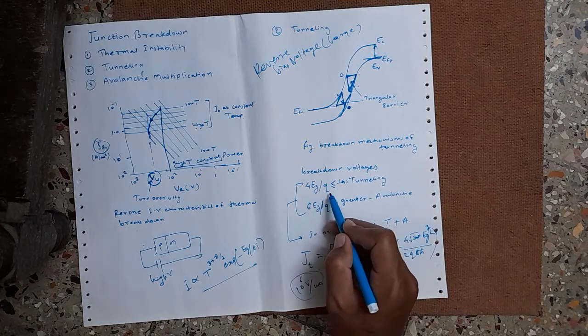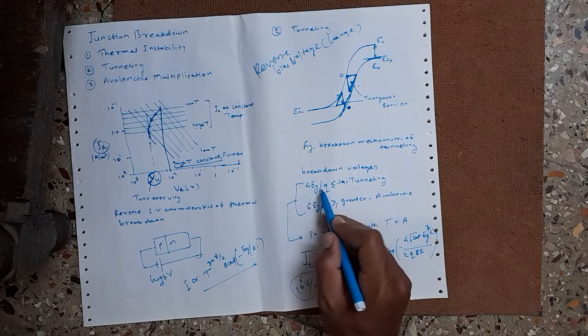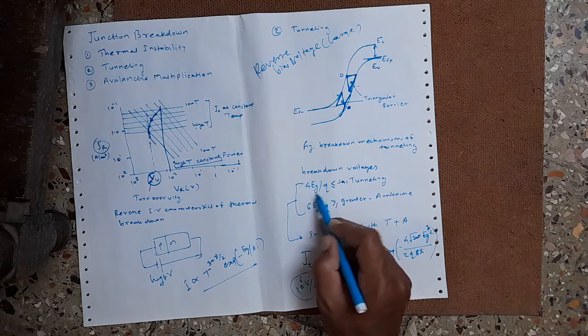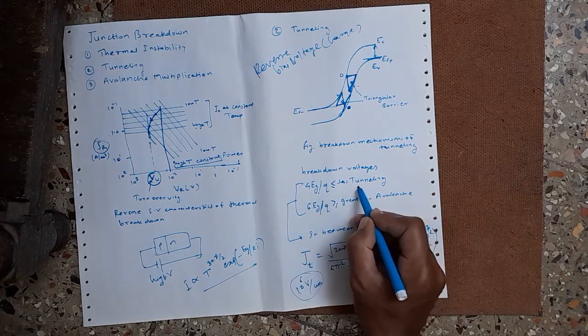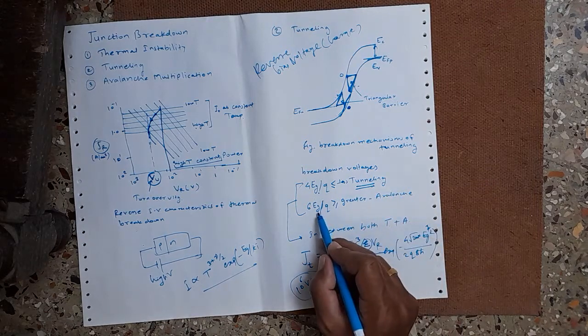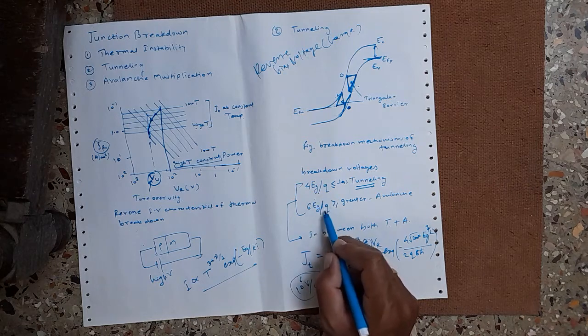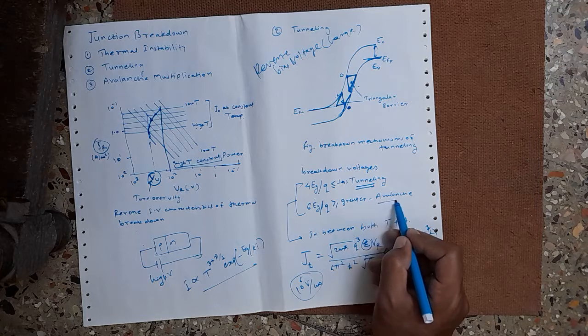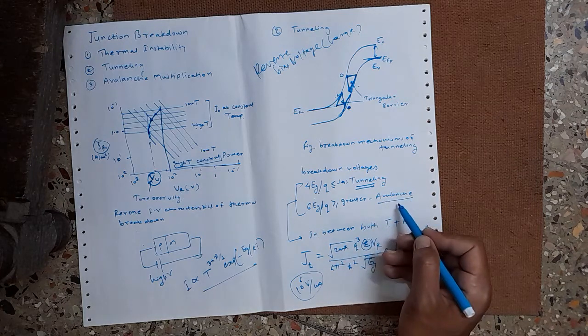Now this breakdown mechanism happens when the breakdown voltage is less than 4 Eg by q; then it is because of the tunneling phenomenon. If the breakdown voltage is greater than 4 Eg by q, then we have the avalanche mechanism; the breakdown is happening because of avalanche multiplication.